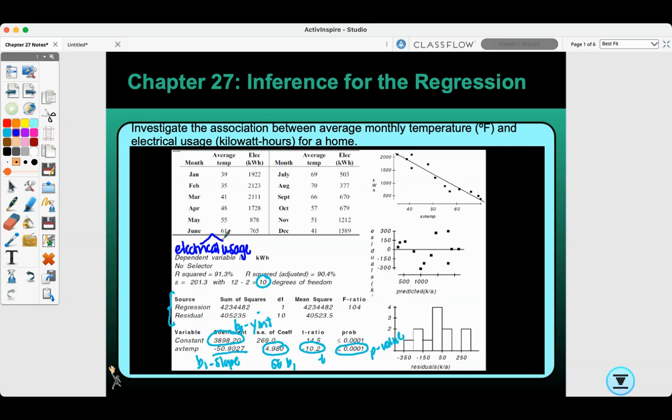Electrical usage hat equals your y-intercept, which is 3,898.2, minus, because our slope is negative, 50.9027 times the average temperature. That would be the equation of our line that goes through our data. And we're going to use this information throughout the problem, so you're going to have to refer back to it.